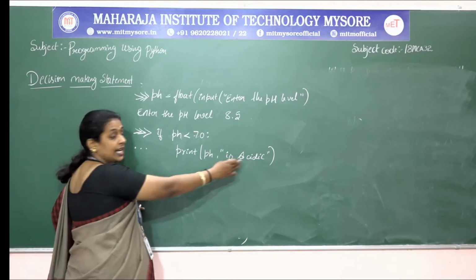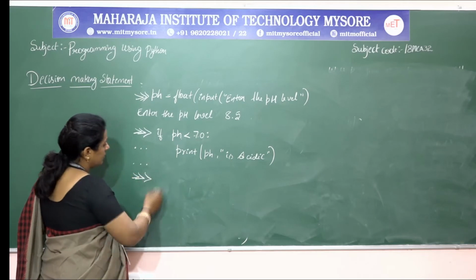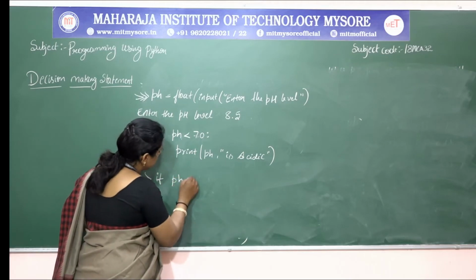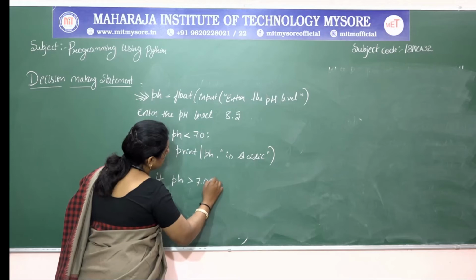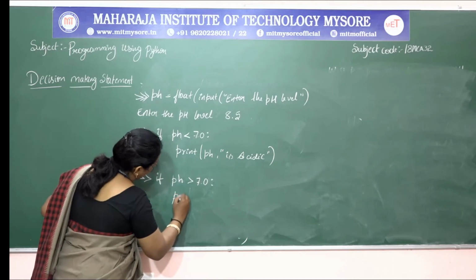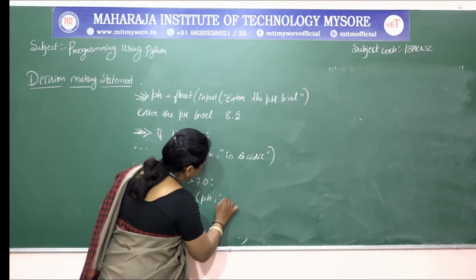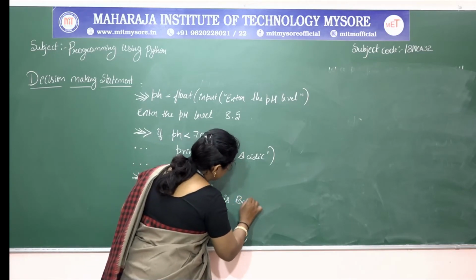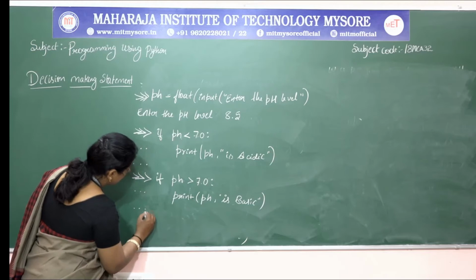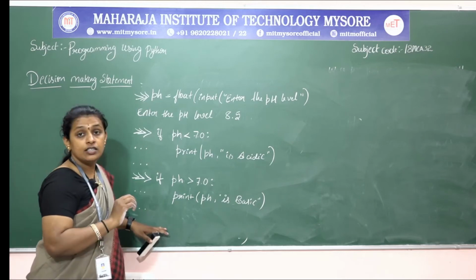So this is the end of this if. Then I am taking one more condition with respect to pH. If pH is greater than 7.0, then take a tab, print pH is basic. So this is the end of this if. With respect to this, I have not written output.